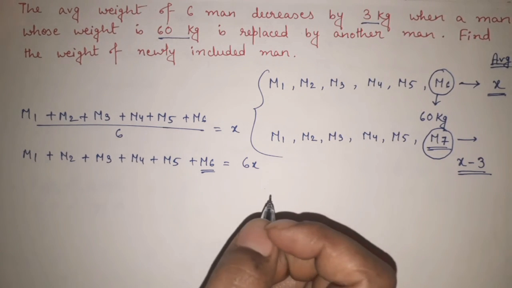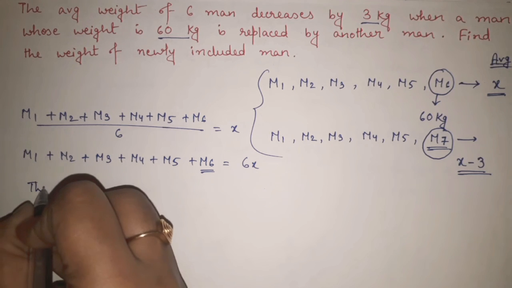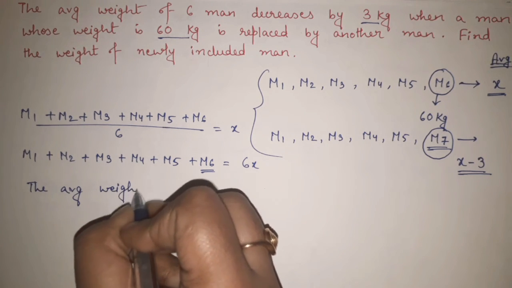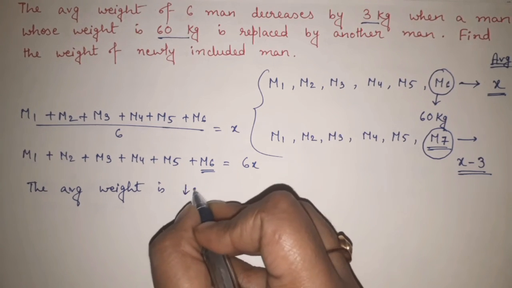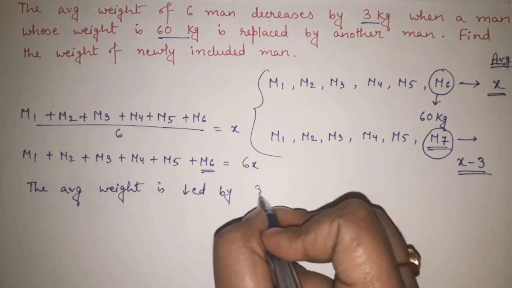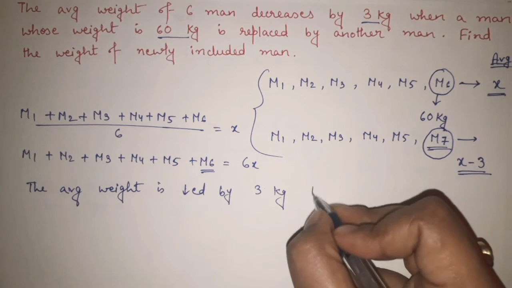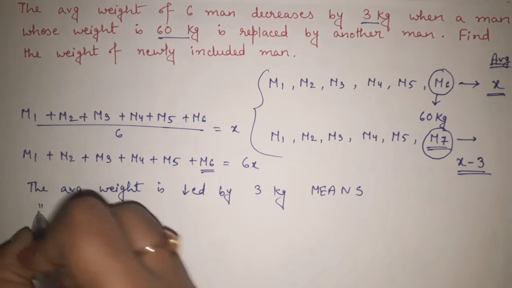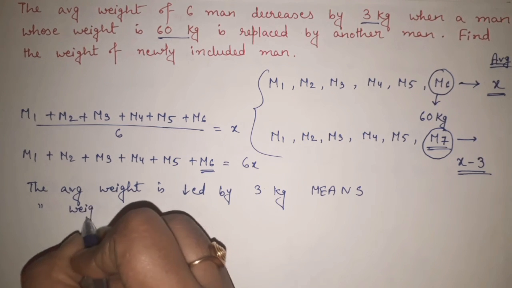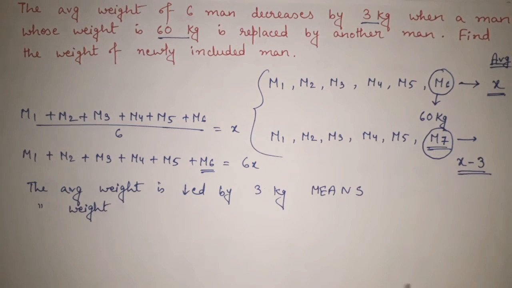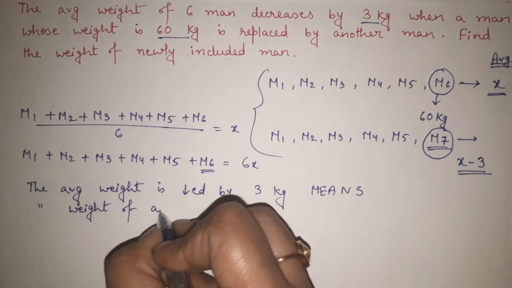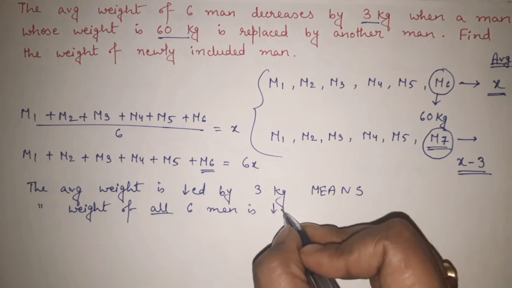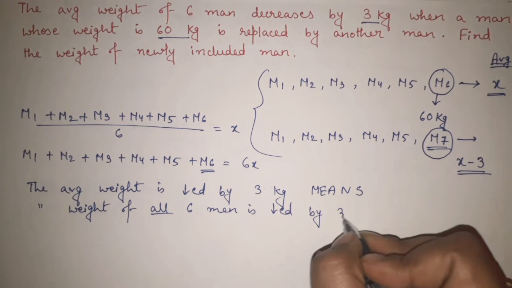This is an important point to understand here: the average weight is decreased by 3 kg means the weight of all 6 men is decreased by 3 kg.